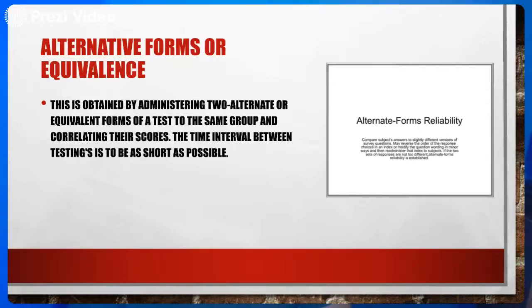Over to the right, alternate forms reliability compares subjects' answers to slightly different versions of the survey questions, may reverse the order of the response choices in an index, or modify the question wording in minor ways, and then re-administer the index to the subjects. If the two sets of responses are not too different, alternate forms reliability is then established.